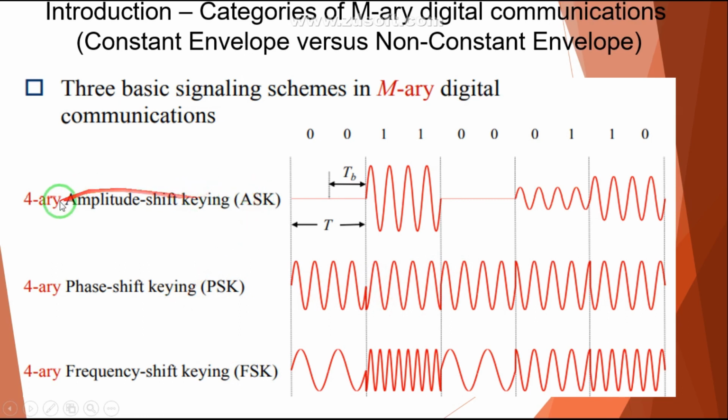Whereas in a non-constant envelope technique, as you can see on the screen, the amplitude is going to change. For 0 0 no amplitude is there, for 1 1 maximum amplitude, for 0 1 minimum, and for 1 0 moderate, in between the 0 1 and 1 1 amplitudes. So it is called non-constant envelope.